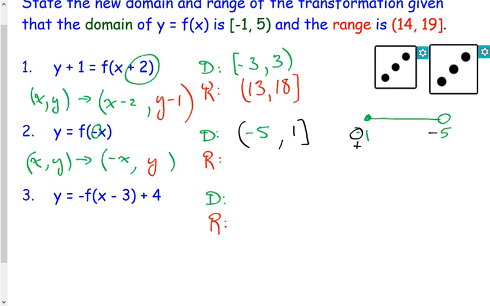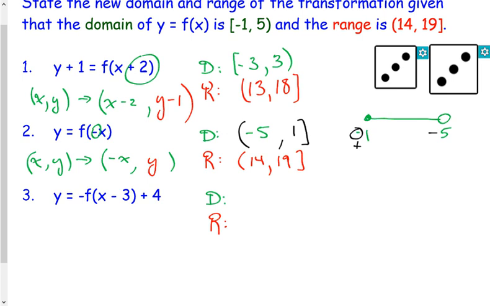So if you just imagine that the endpoint or the bracket that's beside the endpoint travels with it, that can help. Cushman, is that good? Okay, thank you. And as I mentioned, there's no change in the y value, so the range will be the same as it was before, 14, 19, not including 14, but including 19. Okay.